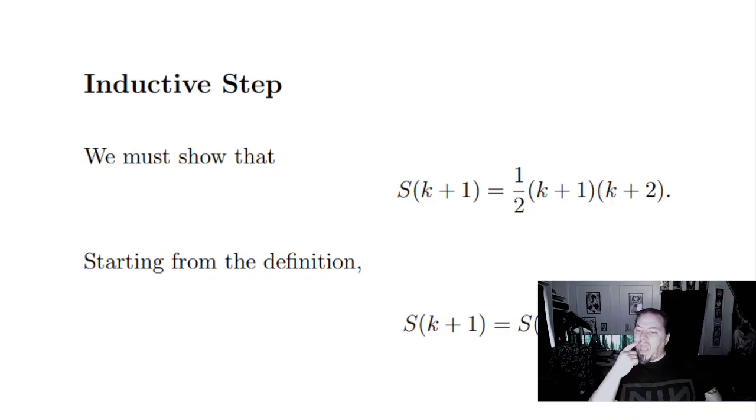So we know this. We have our k plus 1, and yeah. So starting from the definition, we're going to take our k plus 1 and then our S of k and then add k plus 1.